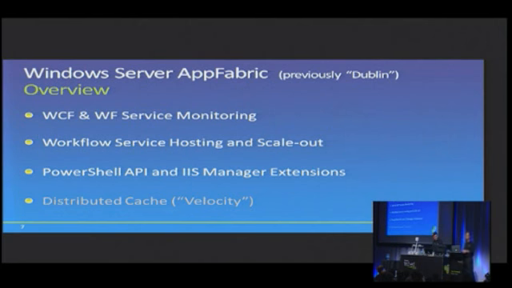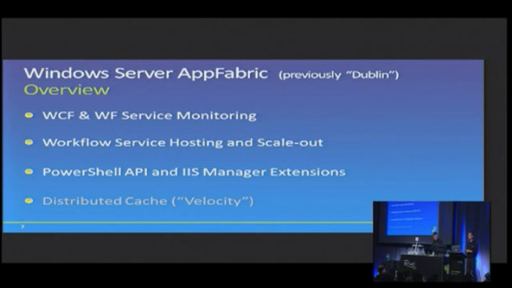So to be able to actually support this and let the platform take care of a number of these issues for us, Microsoft has released a set of extensions called Windows Server AppFabric, which are free. They're available for download. They were released, I think, at TechEd this year in the US.